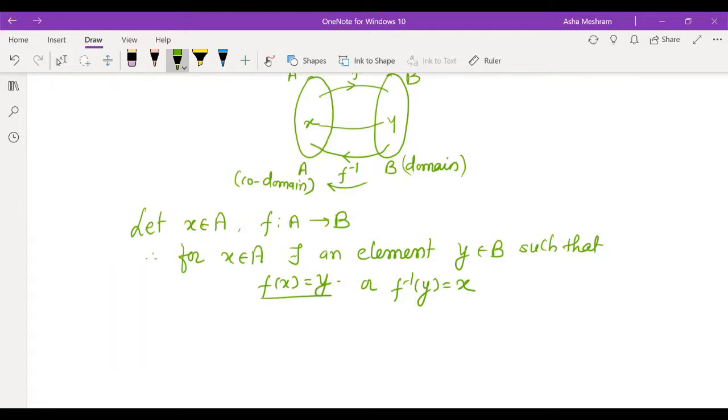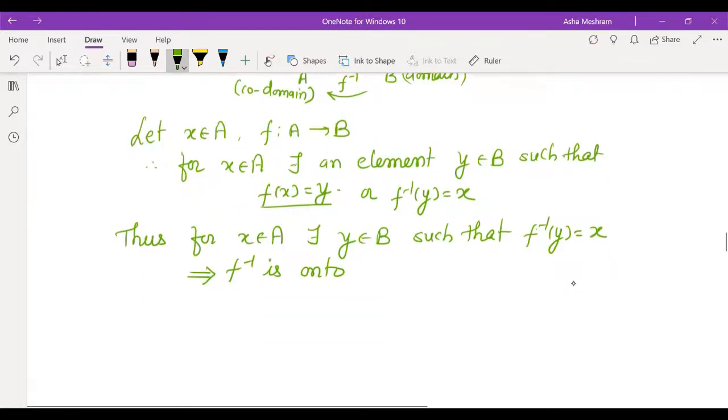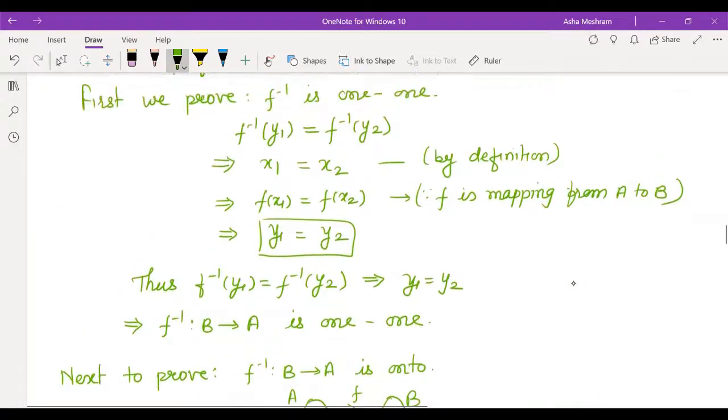So thus for x belongs to A, there exists y belongs to B such that f inverse of y is equal to x, and this gives that f inverse is onto. So now we have proved both 1-1 as well as onto.